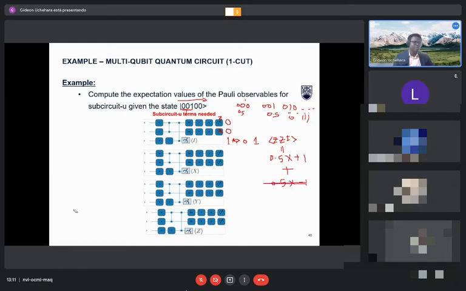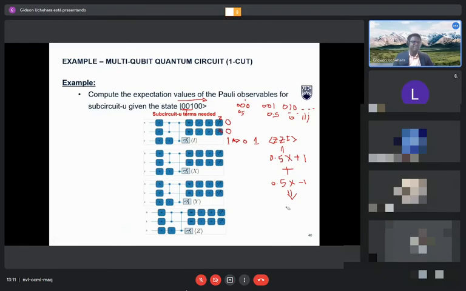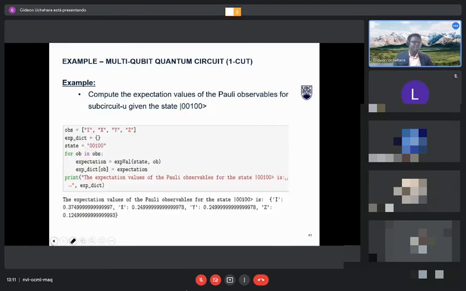Why is this? When we multiply this by minus 1 and add them together, the result is going to be 0. So this is just an example to show what I was trying to explain.